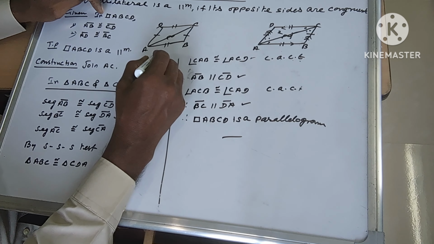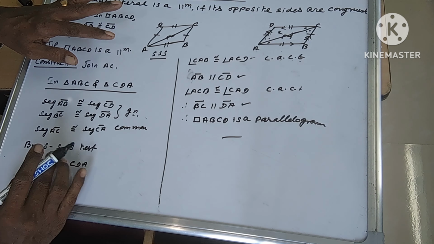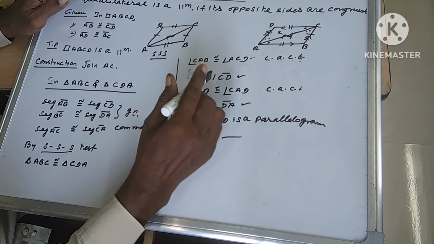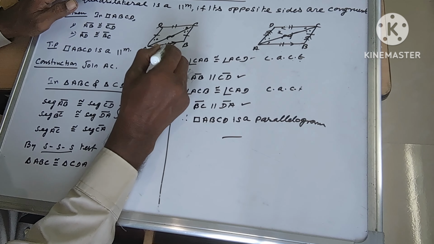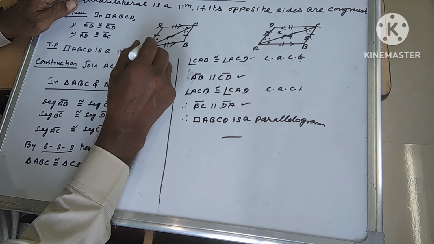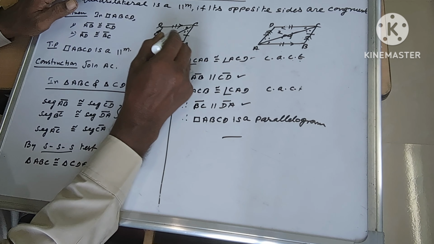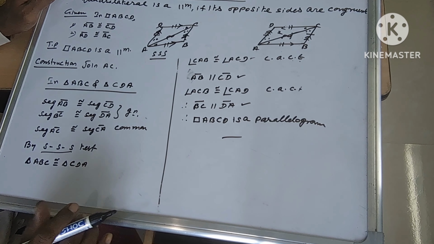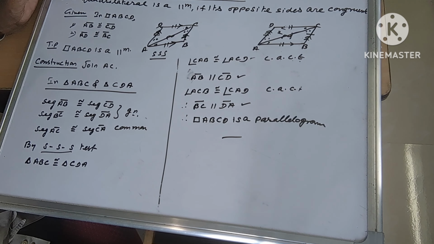Once we prove the SSS test, we say the corresponding angles are congruent. If this pair of angles is congruent, these lines are parallel, and if the other pair of angles is congruent, those two lines are parallel. Therefore this is a parallelogram. Thank you for watching this video.